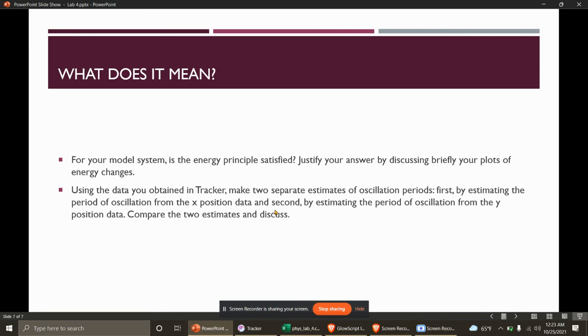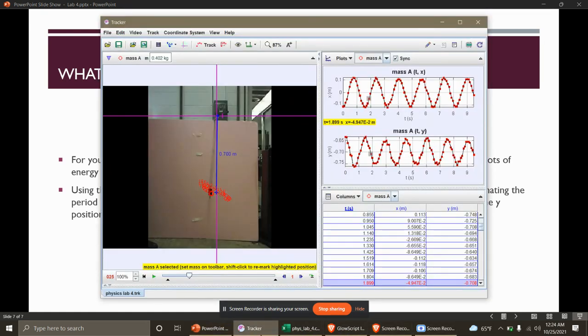Using the data that I used in Tracker, we can find two estimates of the oscillation period, from the X position and the Y position. For the X position, we got 1.614 seconds per oscillation.